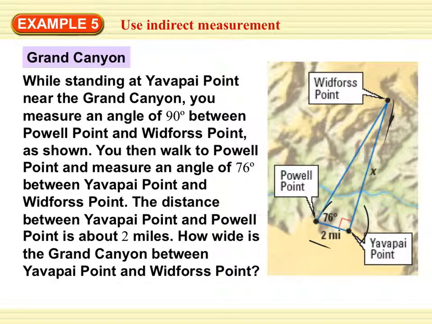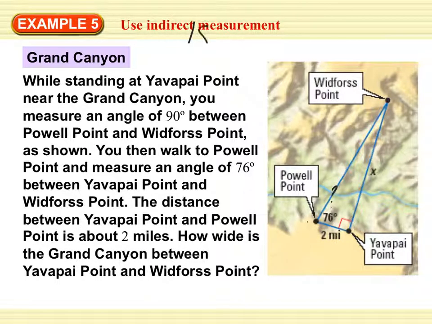Okay, so read that again to make sure you understand, but you measure this angle, then you walk over here and you measure this angle. So we know what that one is because we can do some addition and subtraction. So let's figure out that third angle.